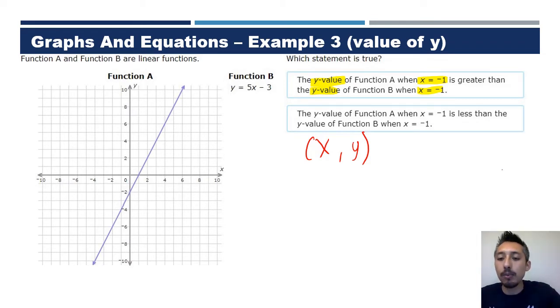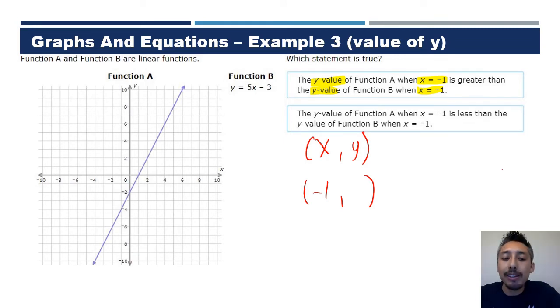For this problem, we're being told what x is equal to. Here we're being told that x is equal to -1, but we don't know what y is equal to. So let's look at function A. How would we find y if we know what x is equal to?